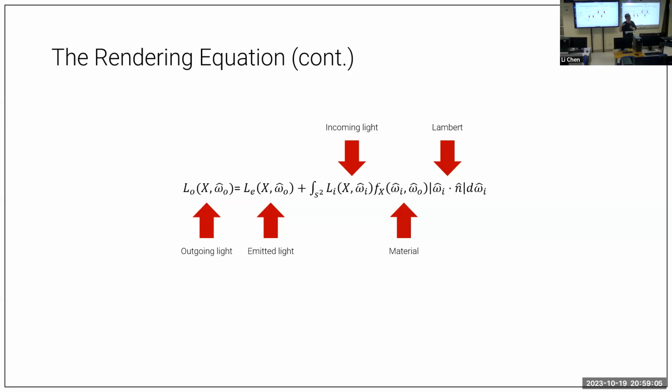So how can we turn this into a non-recursive way and how can we optimize this? This is what we wish to discuss next. But before that, you have to really understand this. So any questions about ray tracing? Okay, so let me move on.